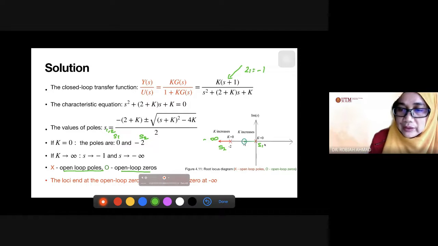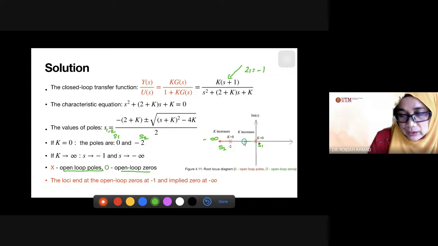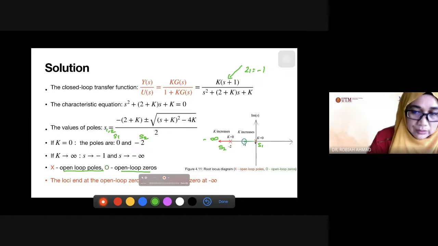Okay, the first one, the green one, what we can conclude is that for root locus, it will always start at poles, the open loop poles. So we have two poles, 0 and -2. So this is the starting point.